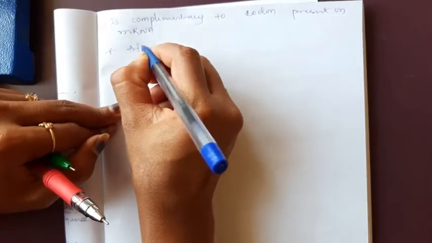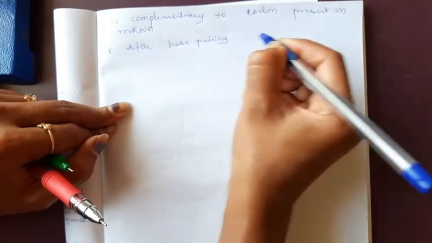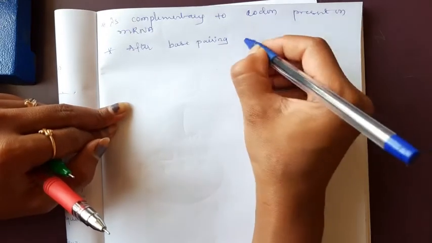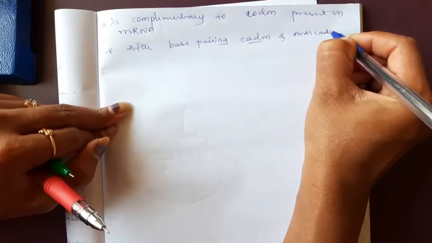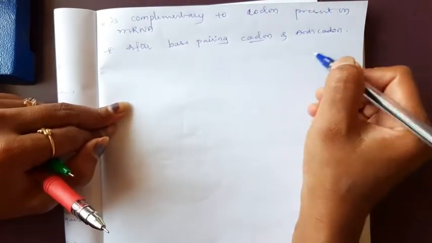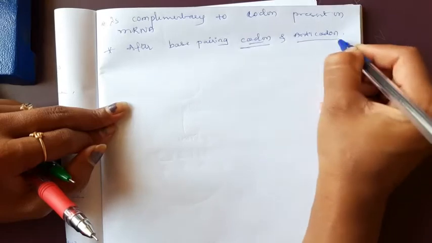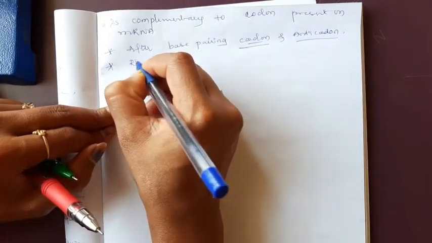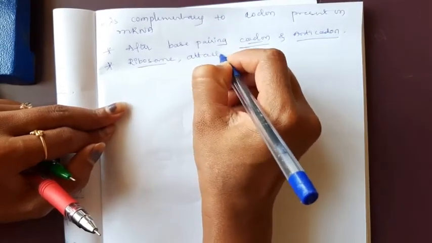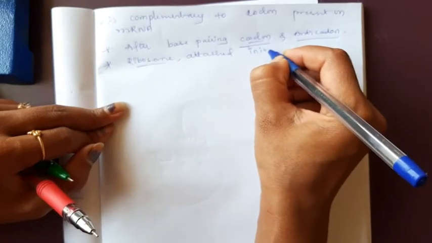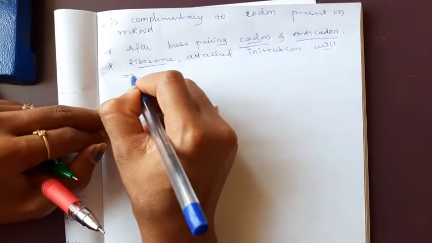After base pairing of codon and anticodon, due to the interaction of these codons and anticodons, the initiation factors attached to the ribosome will be removed.